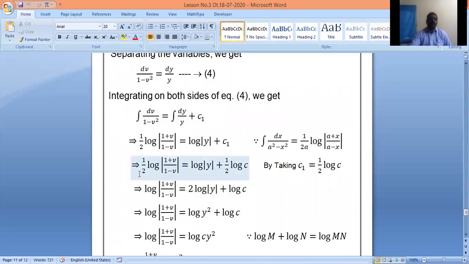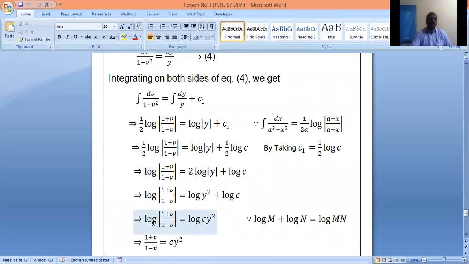By multiplying by 2, we get log|(1 + v)/(1 − v)| = 2 log|y| + log c. Here, m log n can be written as log nᵐ, therefore log y² + log c.